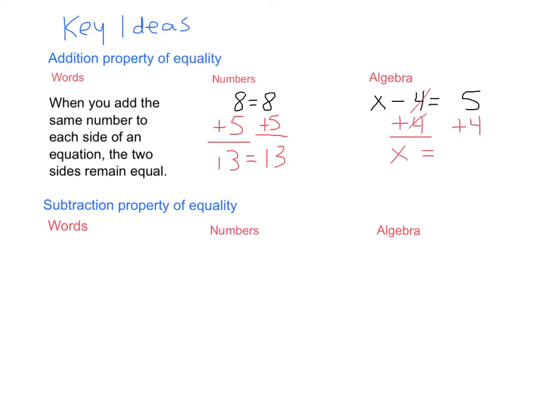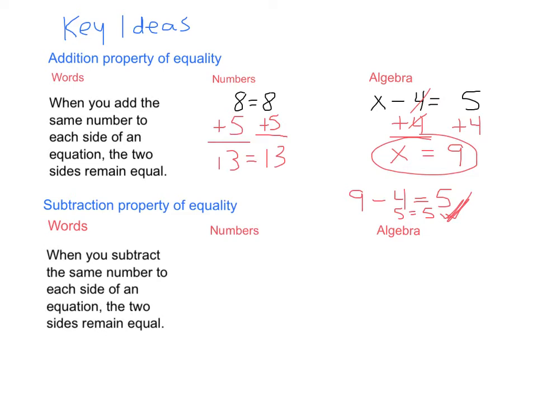Equals 5 plus 4 equals 9. So in other words, what it's telling me is x equals 9. Let's just see if that would plug back in. If I filled in 9 for x, 9 minus 4 equals 5. 9 minus 4 is 5, so that means 5 equals 5. That's a check mark, by the way, not a sign of some kind.